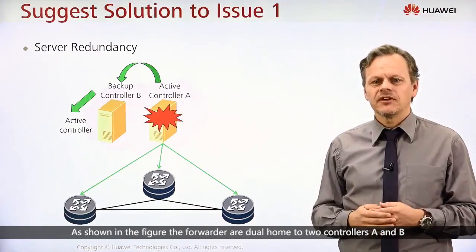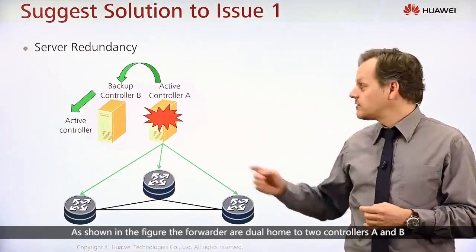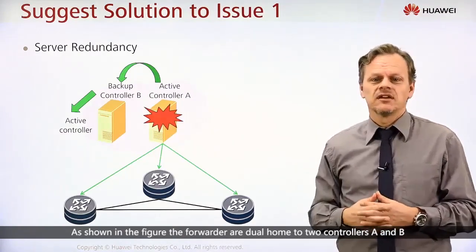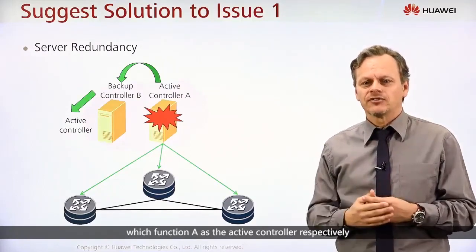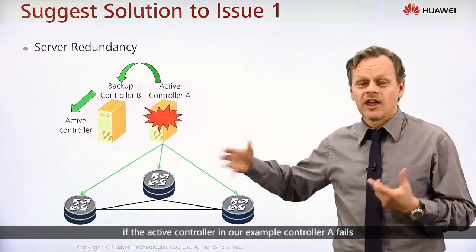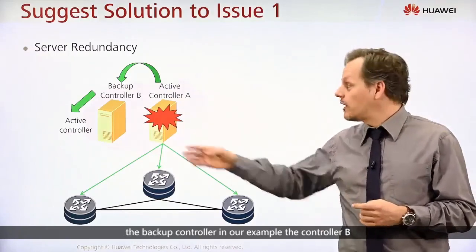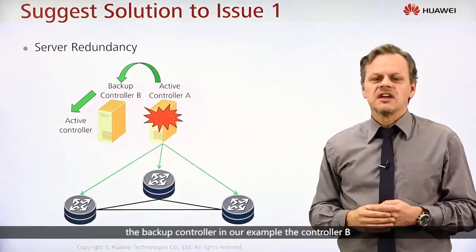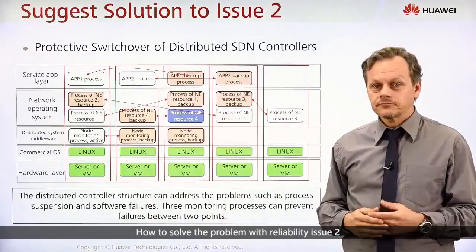As shown in this figure, the forwarders are dual-homed to 2 controllers, A and B, which function as the active and standby controllers respectively. If the active controller, in our example the controller A, fails, then the backup controller, in our example the controller B, takes over as active controller for the forwarding devices.